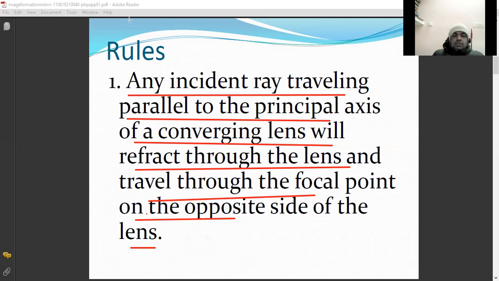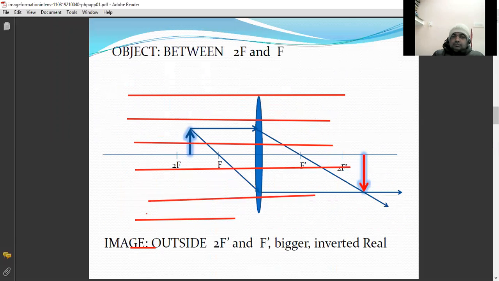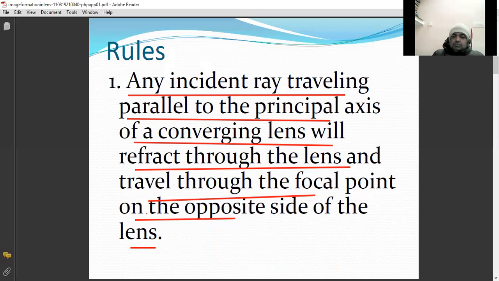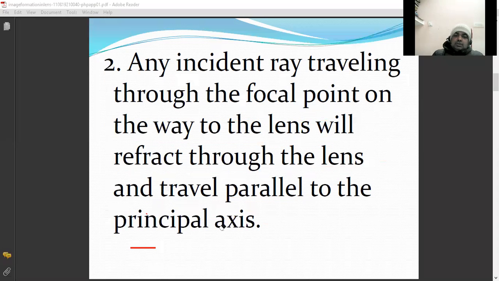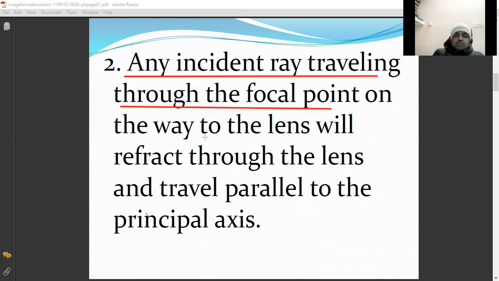The second rule which it will follow is that any incident ray traveling through the focal point on the way to the lens will refract through the lens and travel parallel to the principal axis.